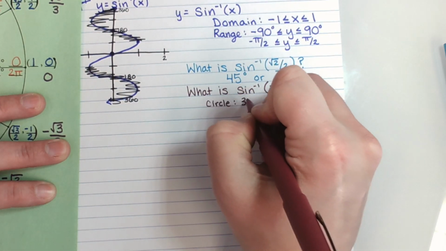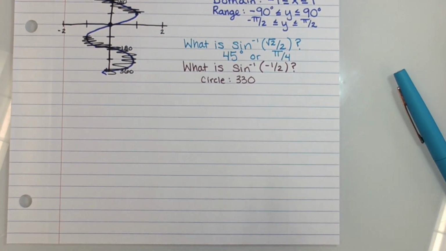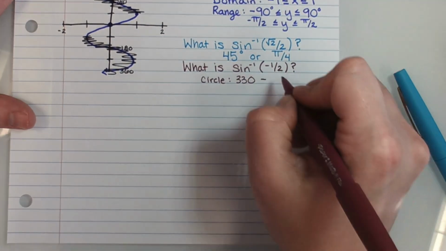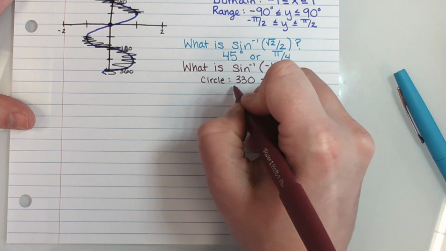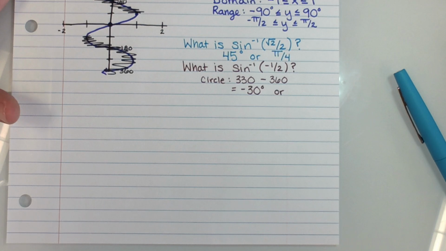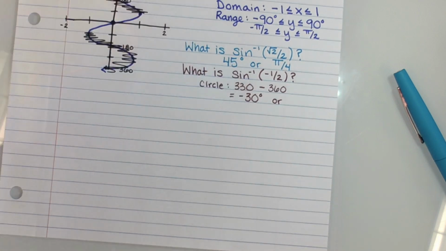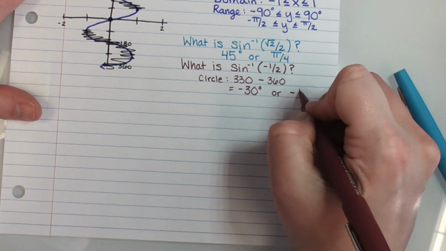So the circle says 330, but we want the coterminal angle to that. Subtract a full circle, 360, and we get -30 degrees. What is -30 degrees in radians? If 30 degrees is pi/6, -30 is -pi/6.